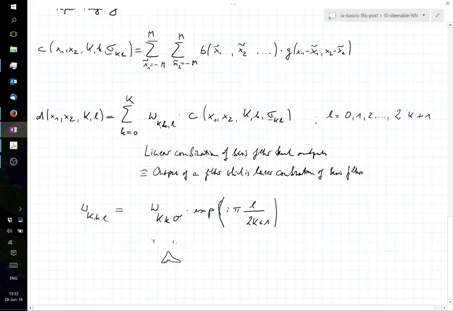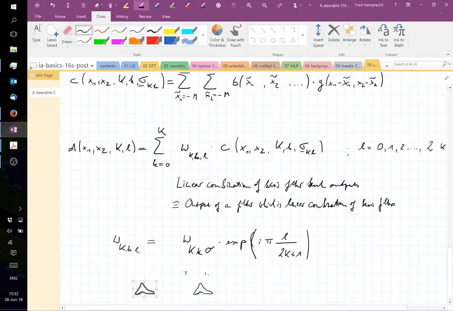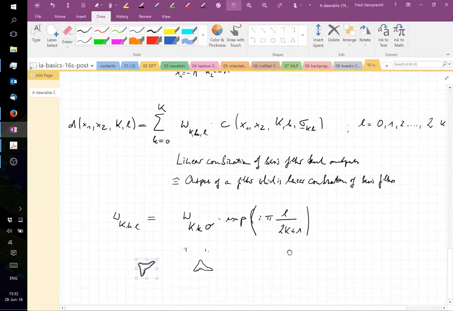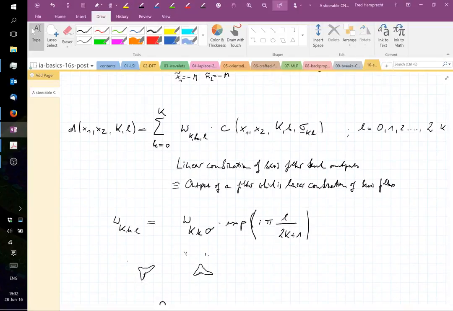Let's say this was the rotational character, and I now want to synthesize some rotated version of this. Somewhere I can rotate. Okay, and this rotated version will now be synthesized from the same basis filter bank.